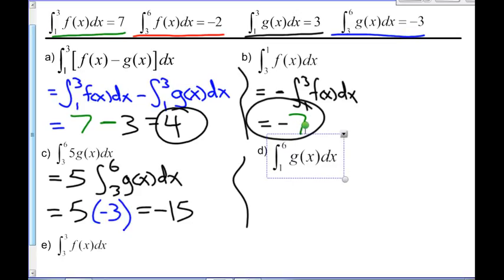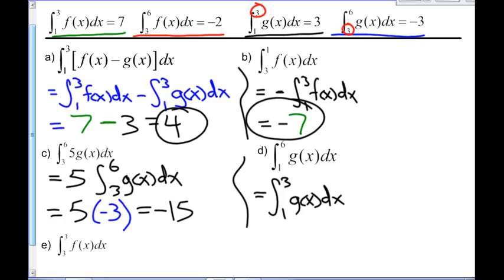Next one, we've got an integral from 1 to 6 on g. Okay, that's not up above, but we've got that black one and we've got the blue one. And notice how there's a 3 here and a 3 here. You can combine these. This was the last of the integral properties on the last page. The integral from 1 to 3 plus the integral from 3 to 6 is the same as the integral from 1 to 6.